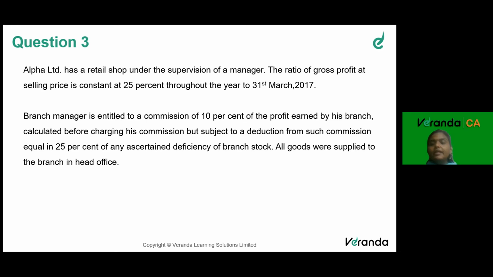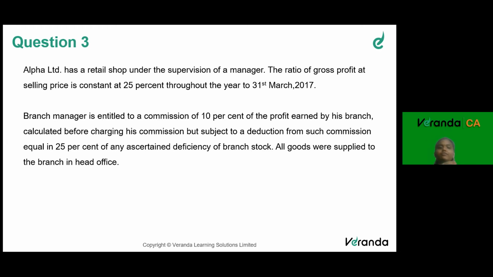Sales minus purchase, that is the gross profit. After that, salaries, rent, stationery, all those expenses and depreciation, and you get the net profit. But before getting this amount, don't include the commission. The branch manager has a commission, right? Don't include that.